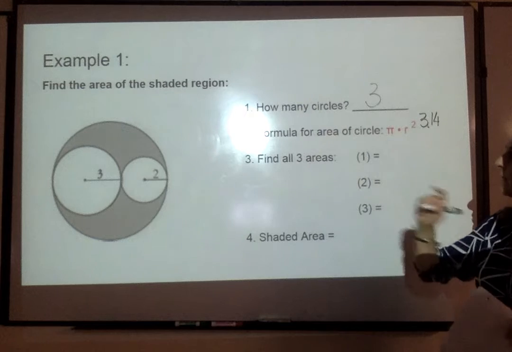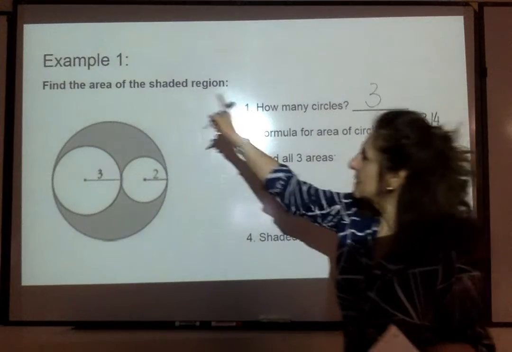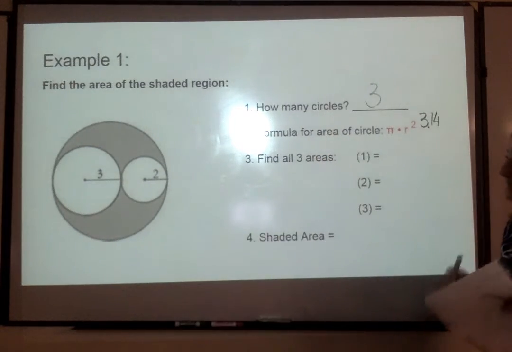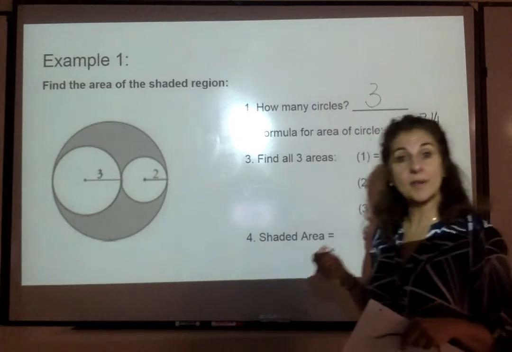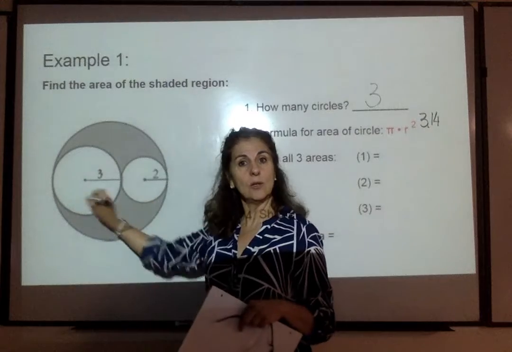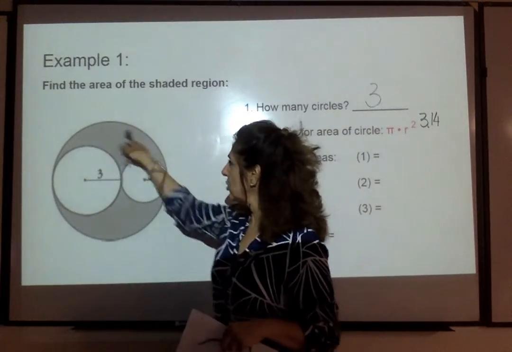So the area of circle 1. The first circle that we are going to work with is the shaded circle, which is the big circle. For us to find the area of that circle, we need to find what? The radius of the circle. So I have here the 2 little ones. How do I find the radius of the big circle here?